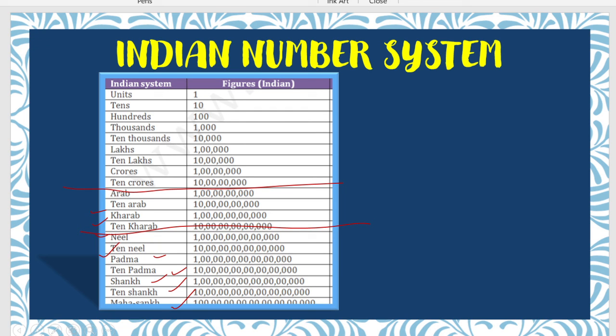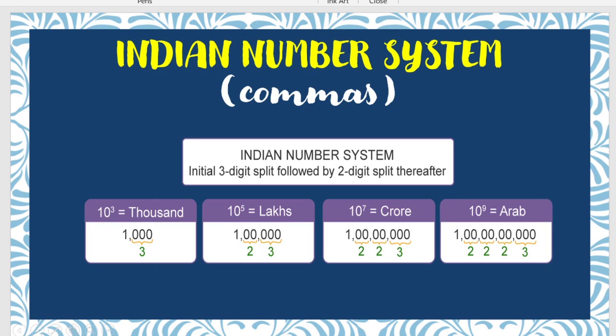Bhagwan Vishnu carries Shankh, and he has Padam in his hand. Shankh, Padam. So we have Neel, the blue sky, and Bhagwan Vishnu carrying Padam, the lotus flower. Then he has Shankh in his hand, and when everything comes together, it is Mahashankh. I love this Indian number system very much.